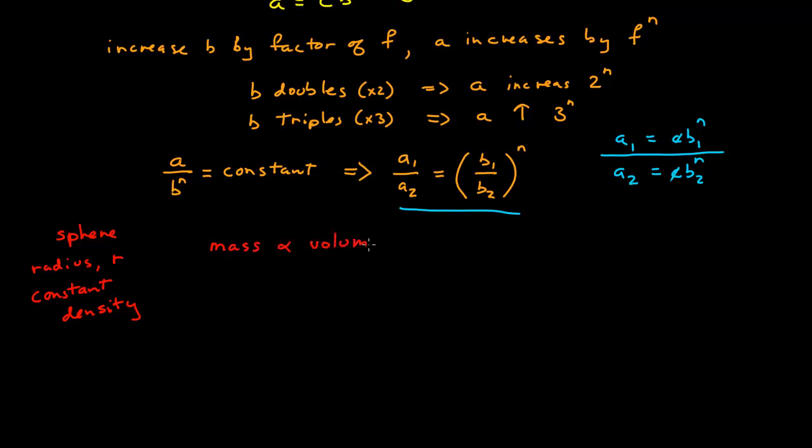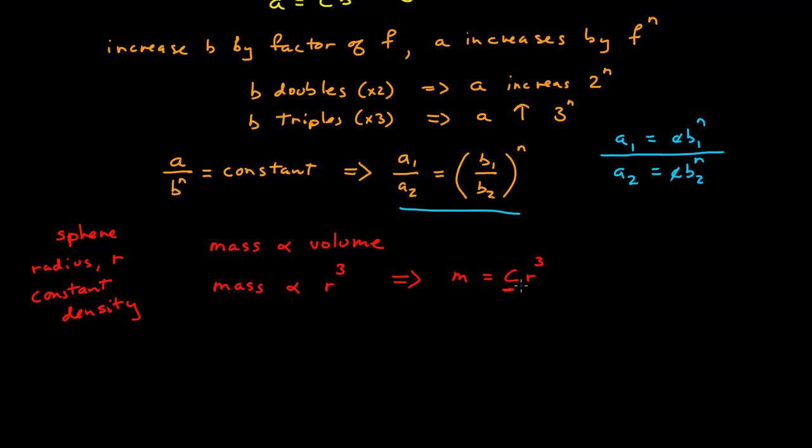And so we might look at that relationship. However, volume is proportional to the radius of the sphere cubed. And so, therefore, the mass is proportional to the radius cubed. And so we might write that m for mass equal to some constant times r cubed.